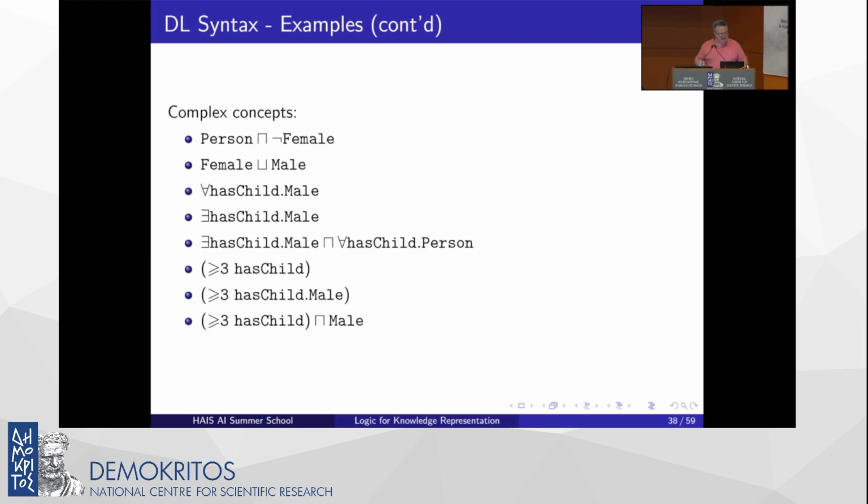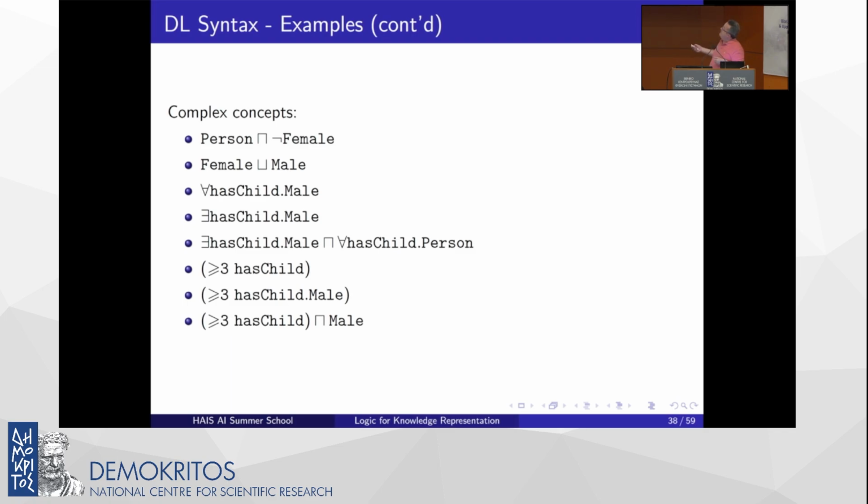I can say, for example, person and not female. What does that mean? A complex concept describes a set of individuals. So these are the objects in my world that are persons and also not female. Okay? I'm one such person, for example.